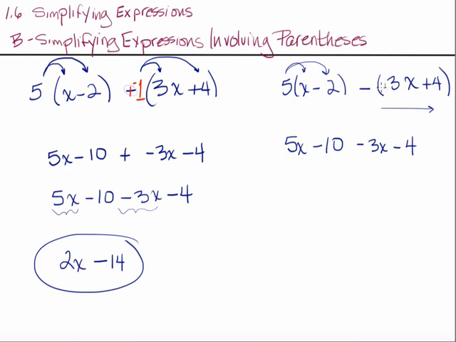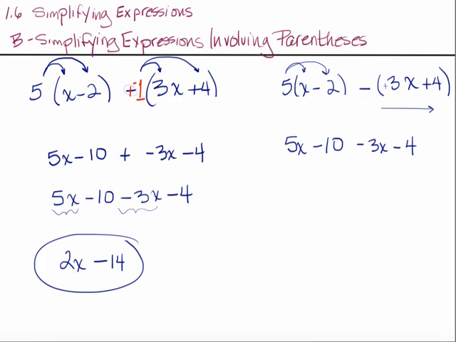There's an implied or invisible plus in front of the 3x. 3x is positive. When I take minus 3x, I get minus 3x. When I take negative this stuff, I get negative 3x and negative 4, or minus 3x minus 4. So that's another way to think through this problem.